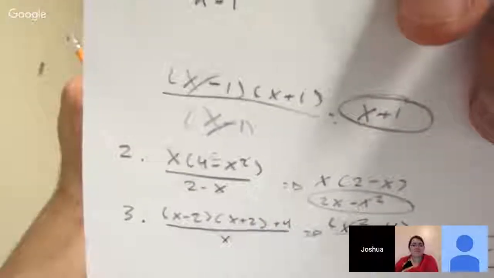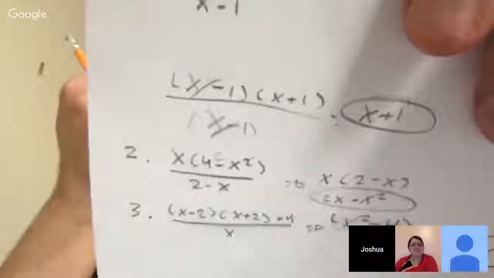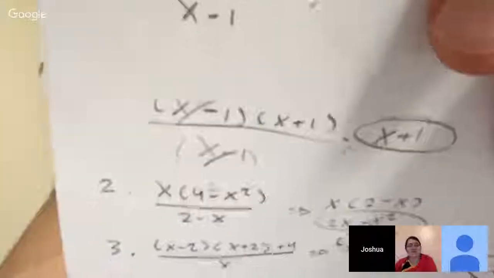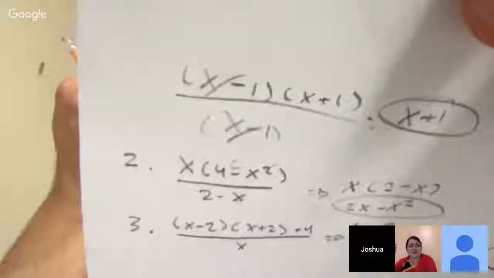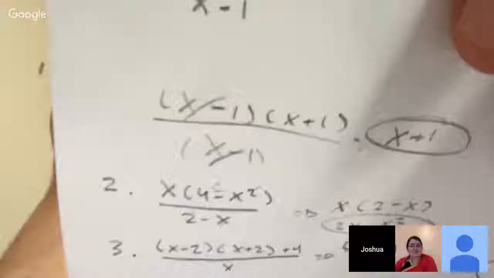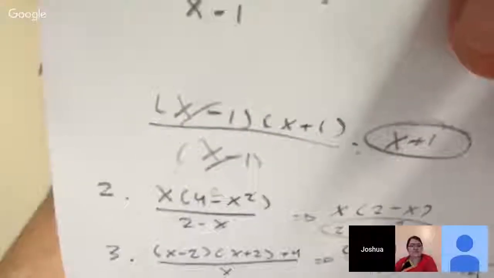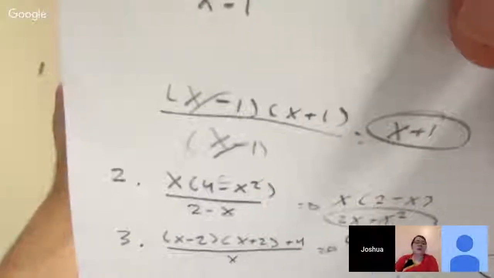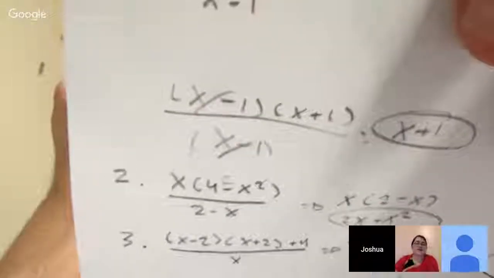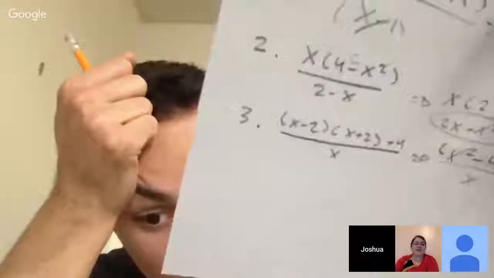Because don't you subtract it whenever they're in the denominator from the numerator, whenever it's an exponent like that? Yeah, because that would give you x times 2 plus x, so that you could simplify it.